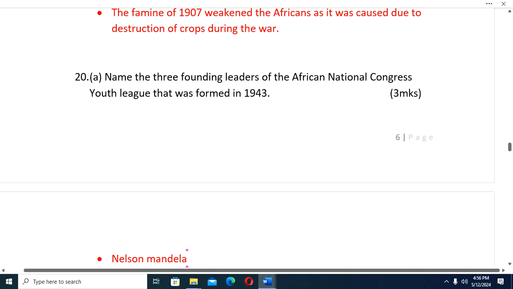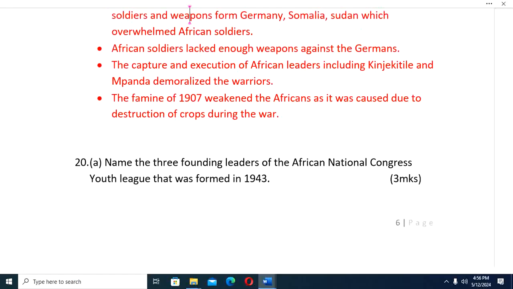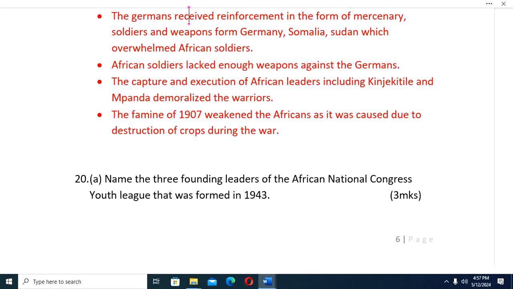Let us go back. African soldiers lacked enough weapons against the Germans. Next, the capture and execution of African leaders, including Kijete Kitile and Mpanga, demoralized the warriors.